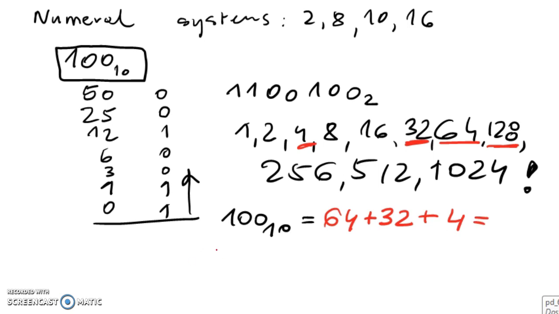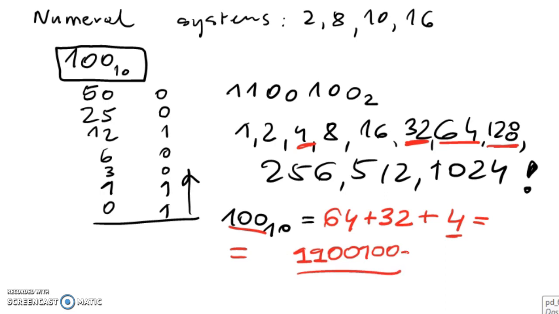So first you express a number as a sum of powers of 2, and then put the appropriate ones in appropriate places. So you've got 0 unities and 0 twos, but you've got a 1 four, 0 eighths, 0 sixteenths, 1 thirty-two, and 1 sixty-four.